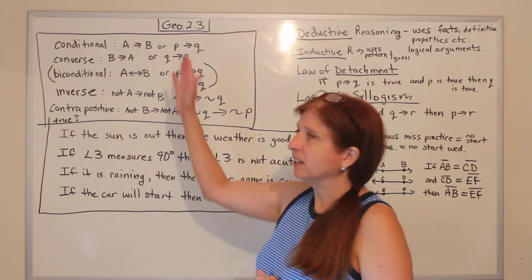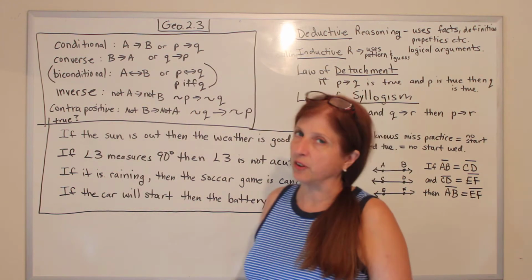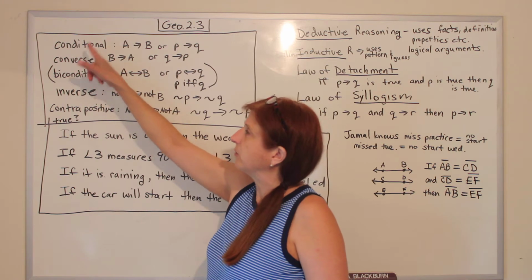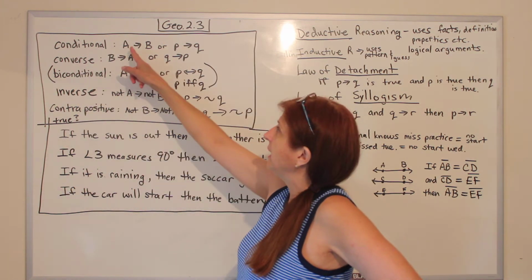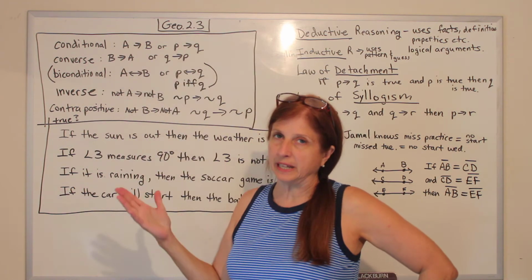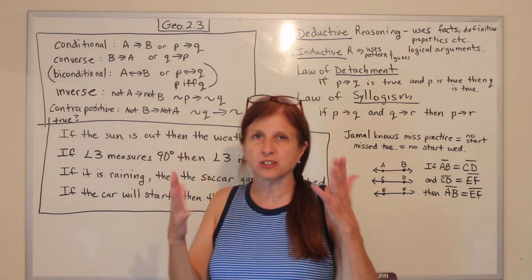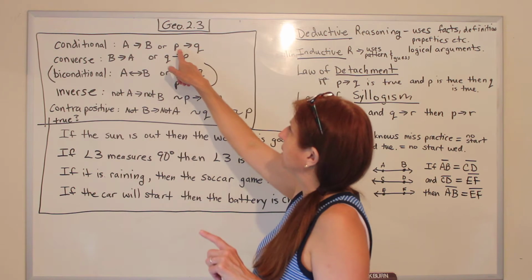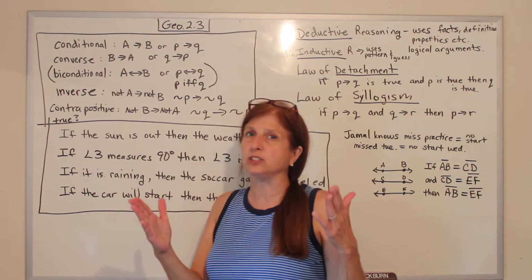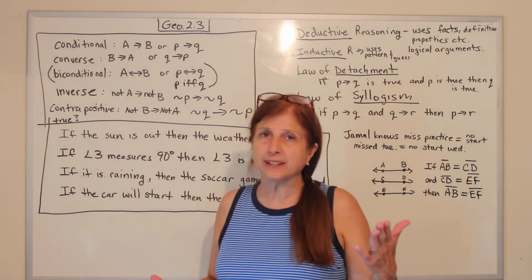All right, so let's review what we've learned so far. We learned that we can write conditional statements. If A, then B is the way I like it, but it also is considered proper to write if P, then Q. And I've told you, I'm pretty dyslexic.